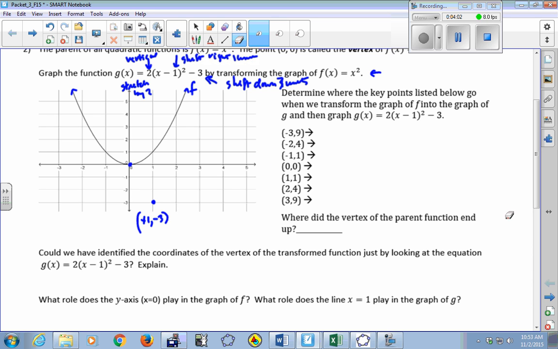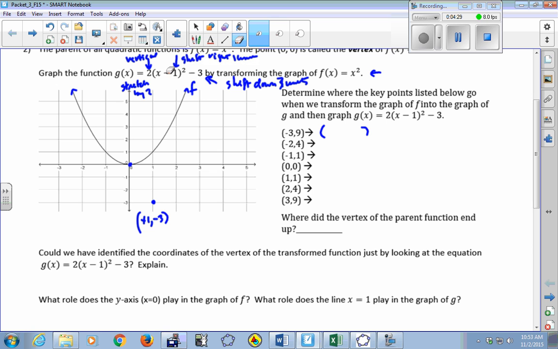And I can do a similar thing with other points on this parabola. I can take each one of these points and perform these 3 transformations all at once. You can do them individually, but let's save a little time and do them all at once. The first thing I'm going to do is my shape change, which is multiply all my y values by 2, which is going to make this 18.